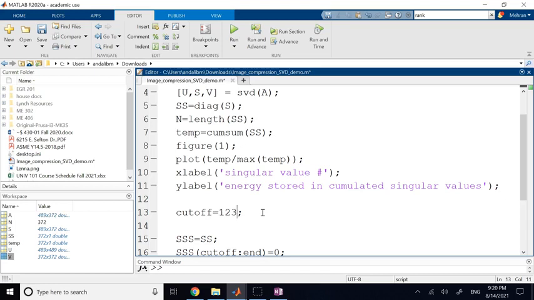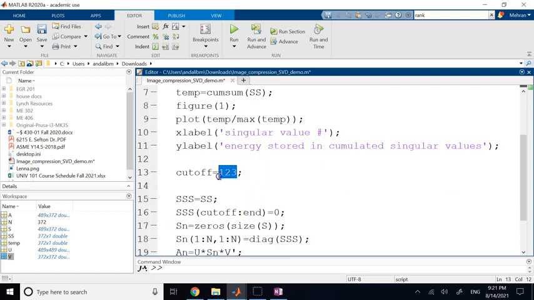All of the rest of the singular values, which is 372 minus 123, about 260, which is more than 2/3 of the data, are only providing 10% of the info in the image. This 1/3 of the data is providing 90% of the info in the image.